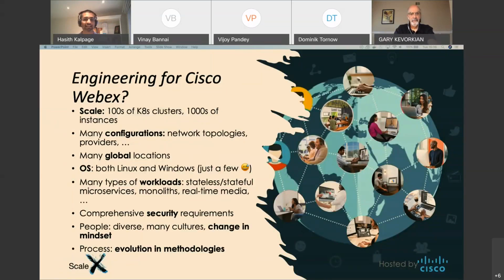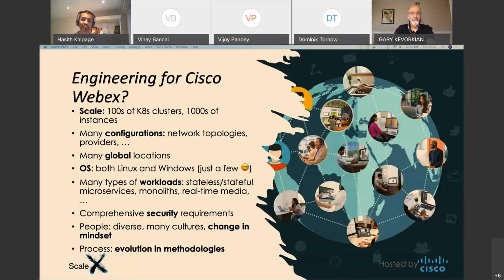You have to think of being able to bring up, manage, and maintain hundreds of Kubernetes clusters with thousands of workers, lots of different configurations, network topologies, and providers: private cloud, AWS, Azure, GCP, and many more, across many different global locations. In terms of operating system, the majority is Linux, but we do have some Windows workloads as well.